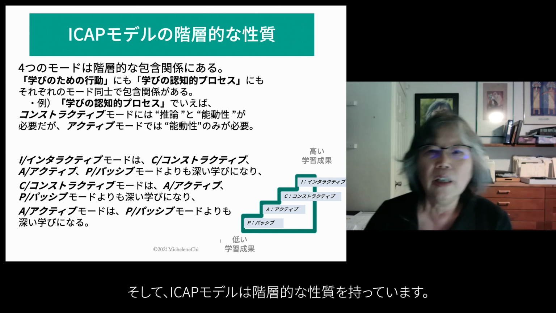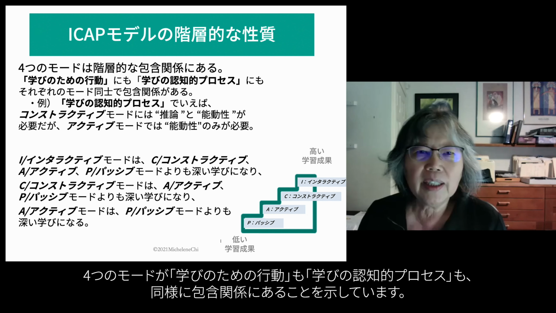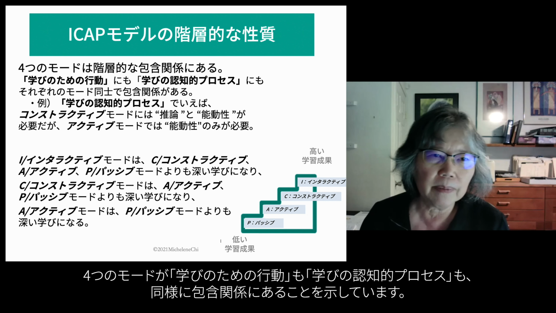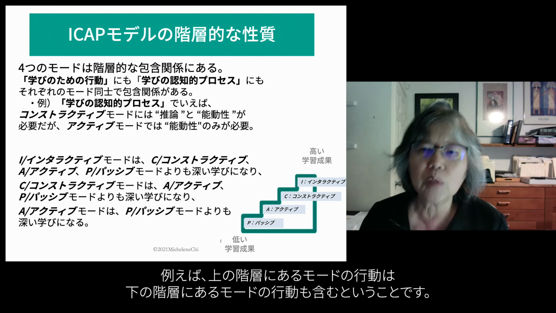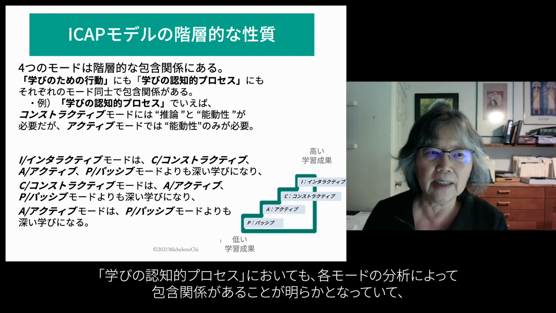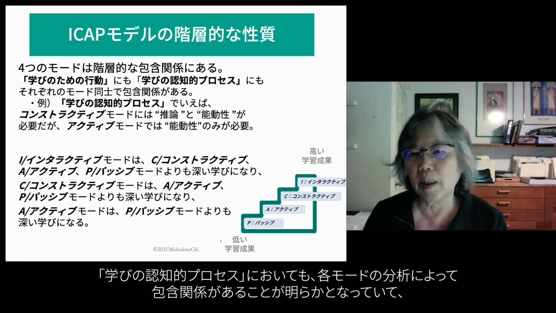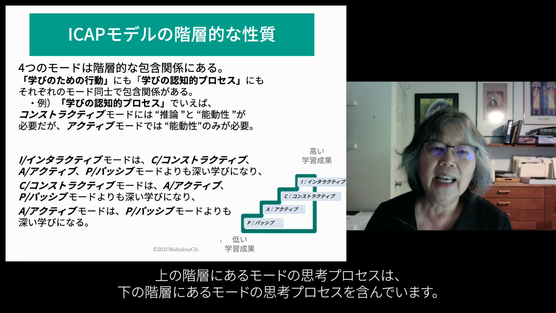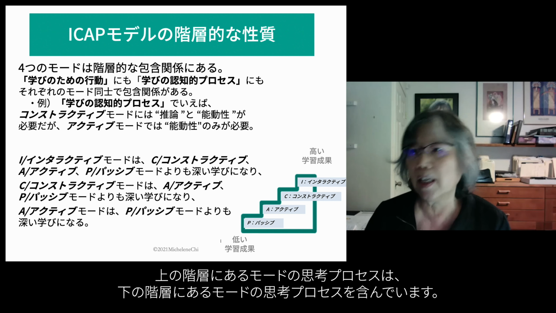Okay, the hierarchical nature of ICAP. What this means is that the 4 engagement modes have a subsuming relationship, both physically, that is, one behavior mode of interacting subsumes the other behavior mode, and cognitively. The cognitive subsuming is based on my analysis of the thinking process of each mode. And it seems that one mode includes the thinking process of another.